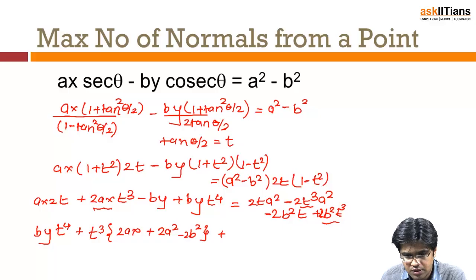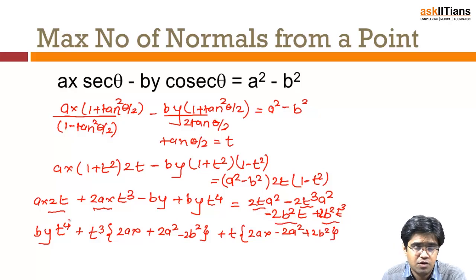Now there is no t square term. After t cube there is no t square term. Now t terms, t of 2ax, this term. Is there any more t? No, that's it. Yeah, there is one here: minus 2a square plus 2b square. Okay, so you have accounted for all the terms.